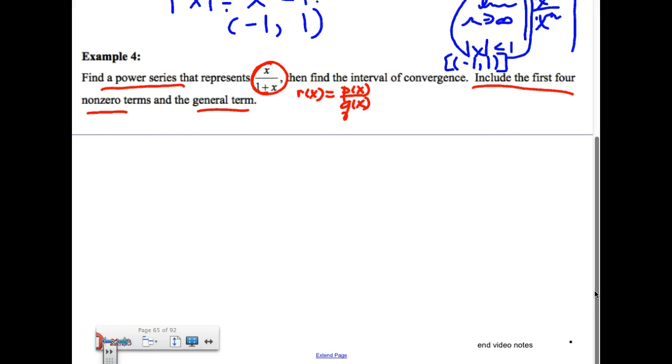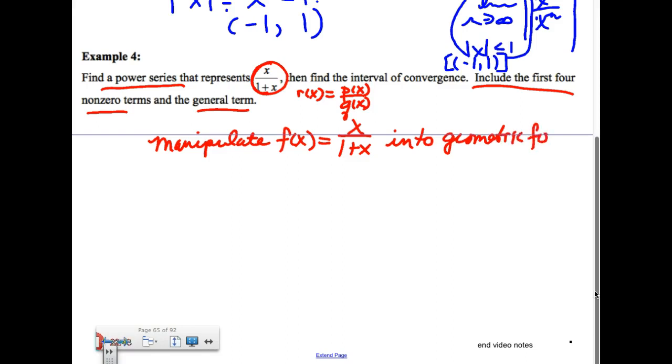So the best thing for this is going to be to manipulate f of x equal x over 1 plus x into geometric form. And the sum of that would be a over 1 minus r. If I can get it into that form, then I can pluck off the a and multiply it consistently by r to create my geometric series. So I am fine up here with the x.